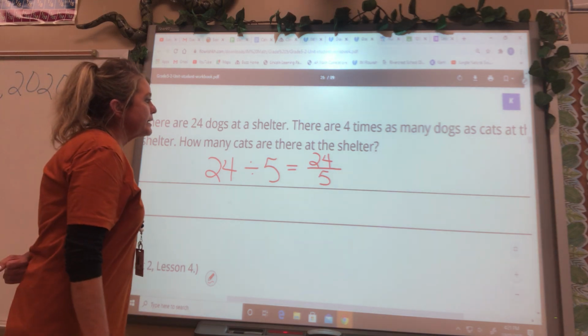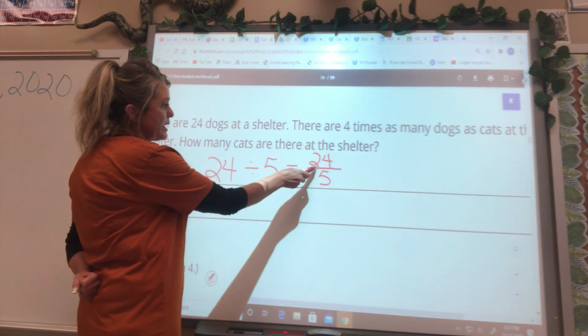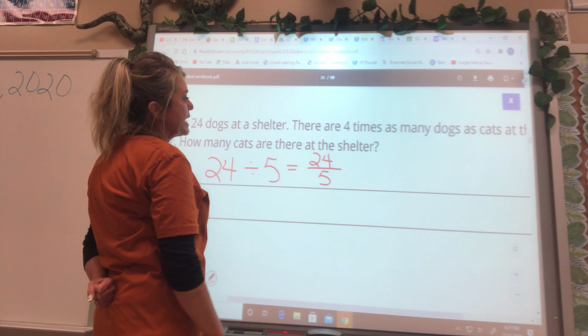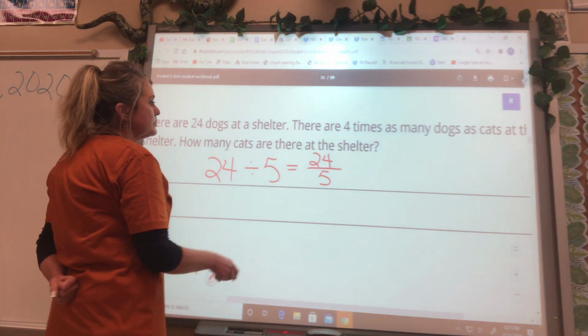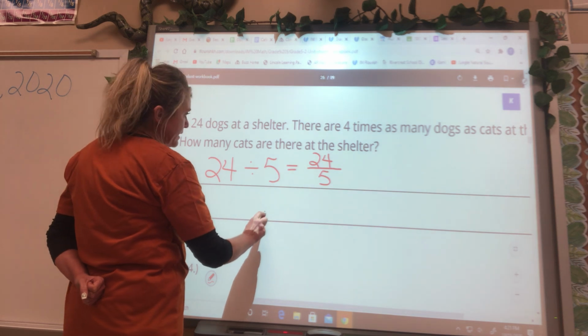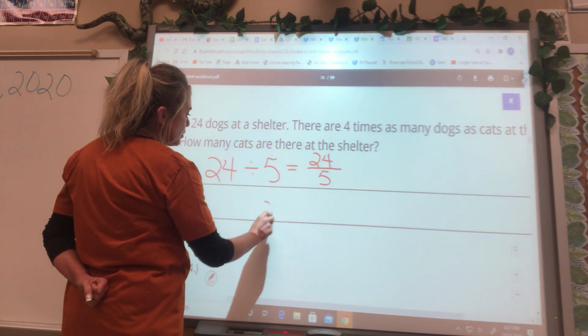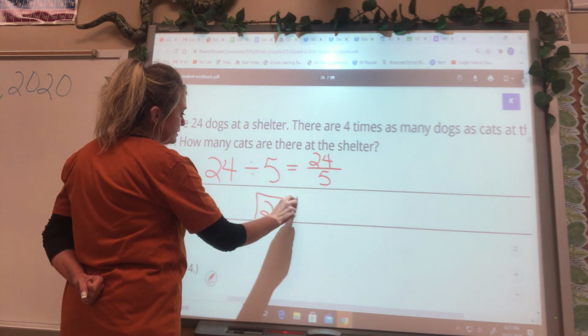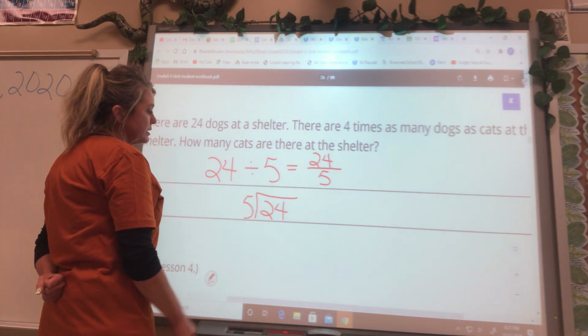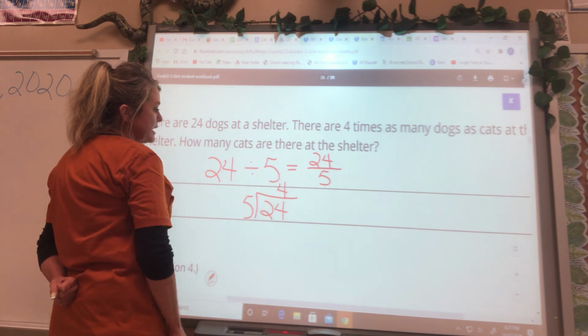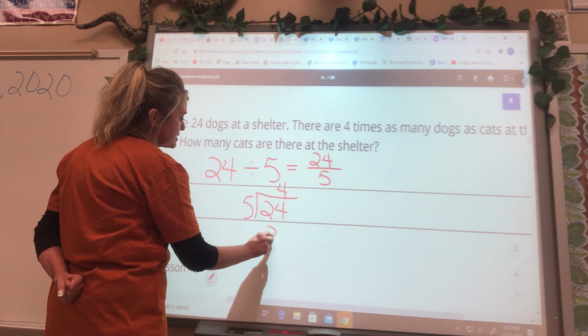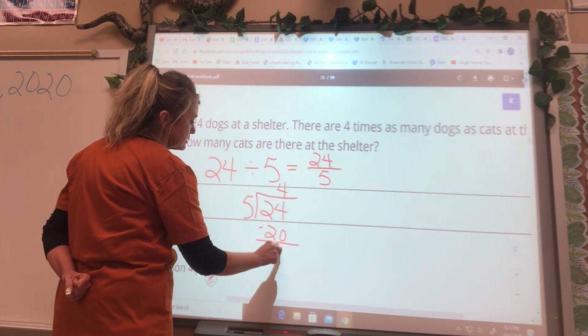The other takeaway, we need to make sure that we know how to turn this improper fraction, which has a bigger numerator than it does a denominator, into a mixed number. We would just write it out as long division, 24 divided by 5. 5 goes into 24 4 times. 4 times 5 is 20, and we subtract.